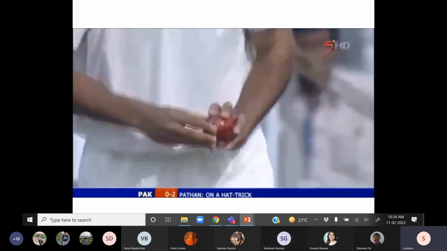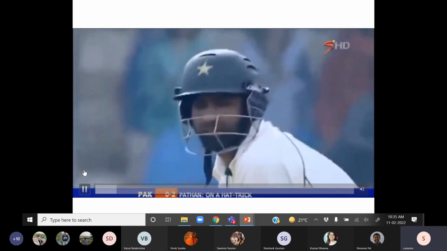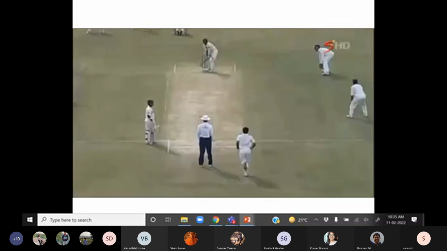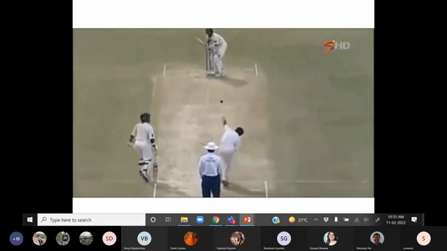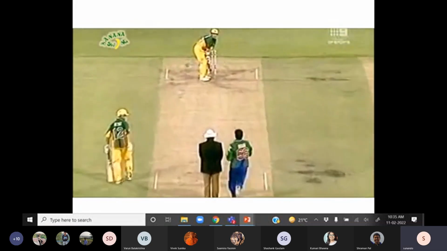But the best example of leg swing is, I mean, you have definitely heard about him, one of the greatest of all, the Pakistani bowler Wasim Akram. If you see his ball, this is one of the best examples of leg swing that you would ever see. Look at this one.